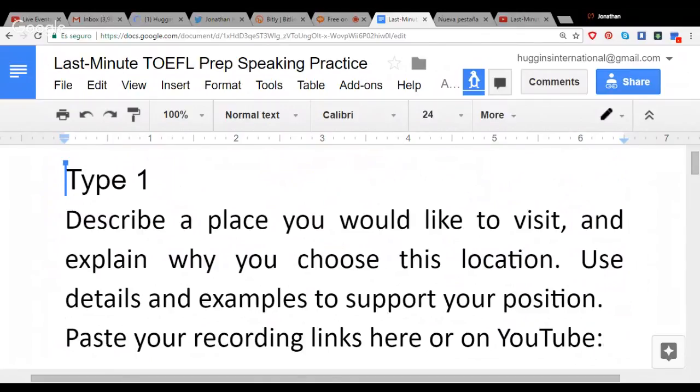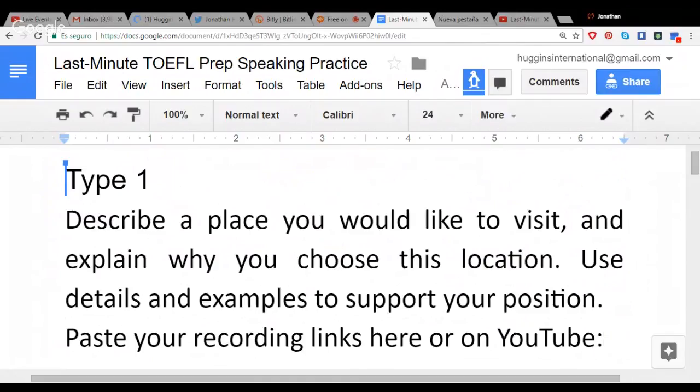So I am just trying to see if I can see the comments while I'm on the cell phone. Because I can see the comments on my computer, but not necessarily on the cell phone.